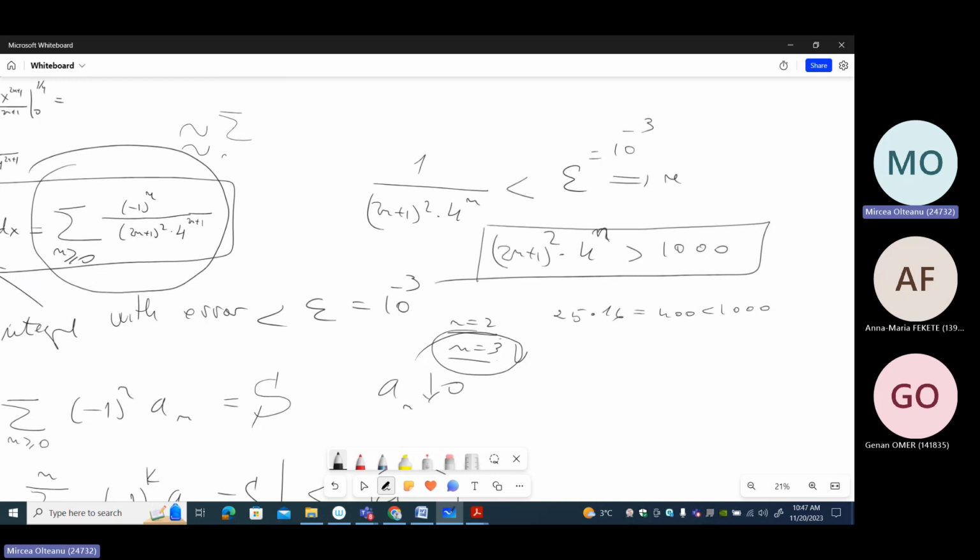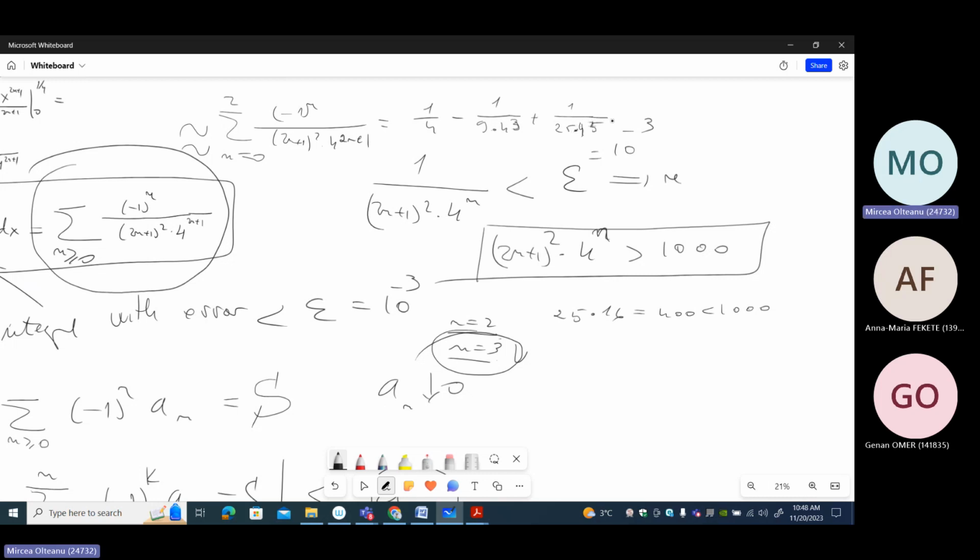That means the sum from n equals 0 to 2 of minus 1 to the n over 2n plus 1 squared times 4 to the 2n plus 1, which gives us 1 over 4 minus 1 over 9, 4 to the 3, and plus for n equals 2 it's 1 over 25 times 4 to the 5. Sorry, n equals 2, 5.